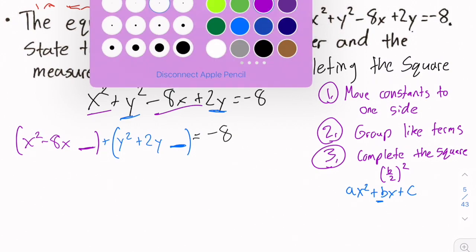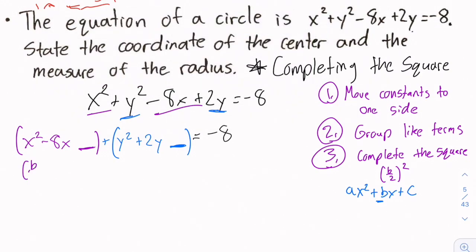So let's do it for the purple. B over 2 squared, my b is -8. This ends up being 16. So I'm going to add 16 here. Remember, this is still an equation. If I just add 16 here, what do I need to do to the other side to keep it balanced?